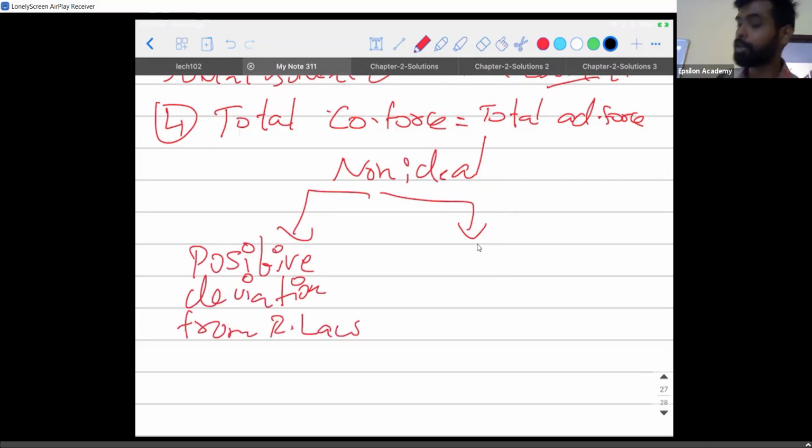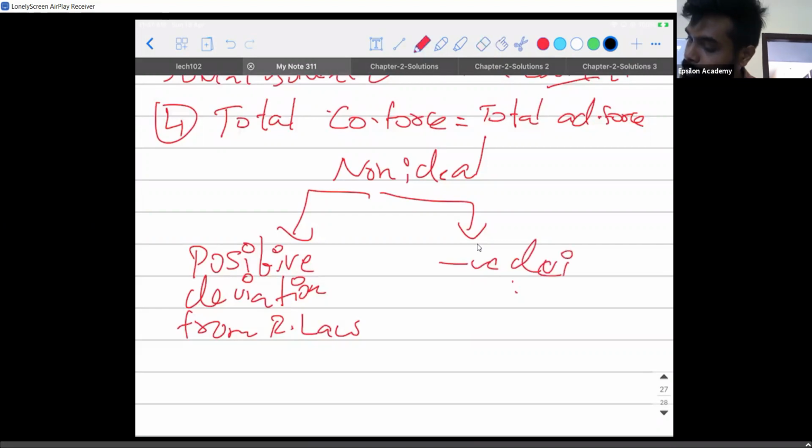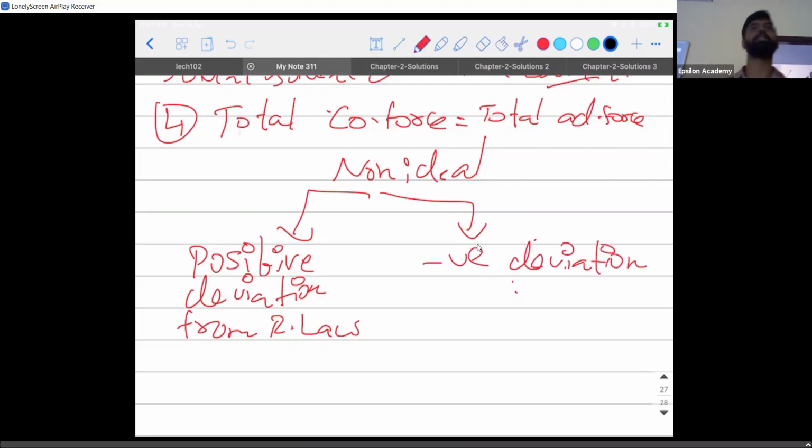So one which shows positive deviation from Raoult's law, and second which shows negative deviation from Raoult's law.